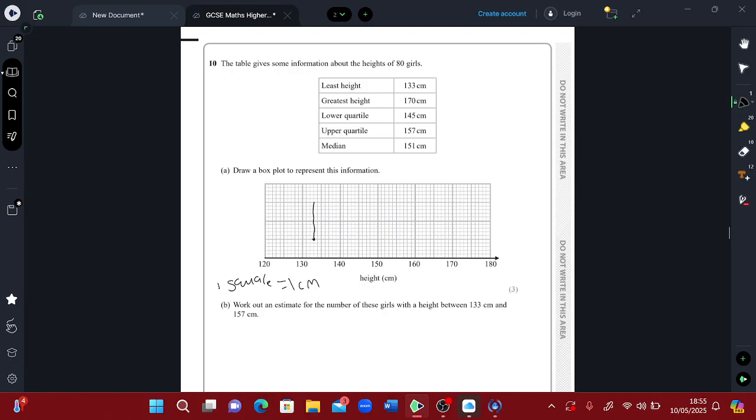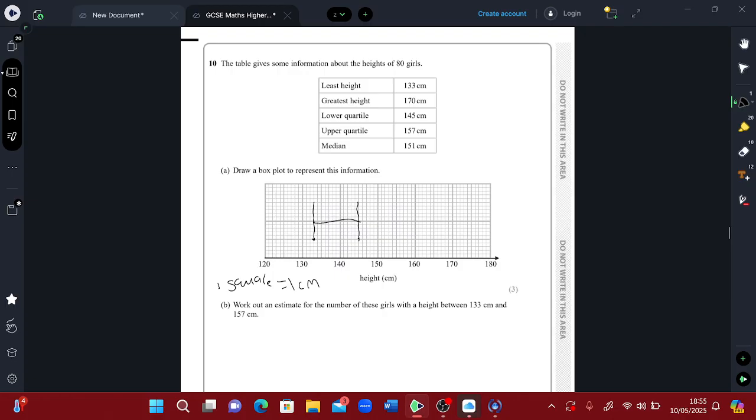That's the least height, but then it connects to the lower quartile. That's 145. That's going to be here. Let's connect this. Oh, in the middle. There you go.